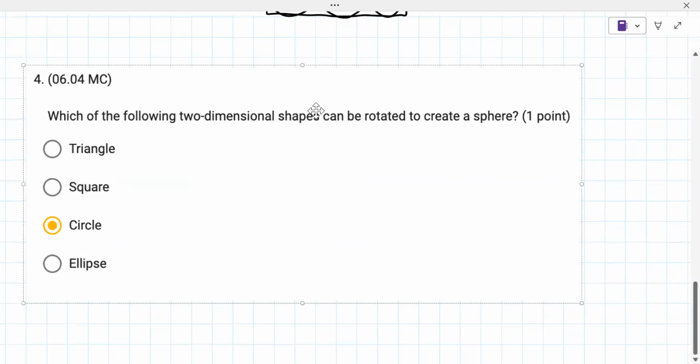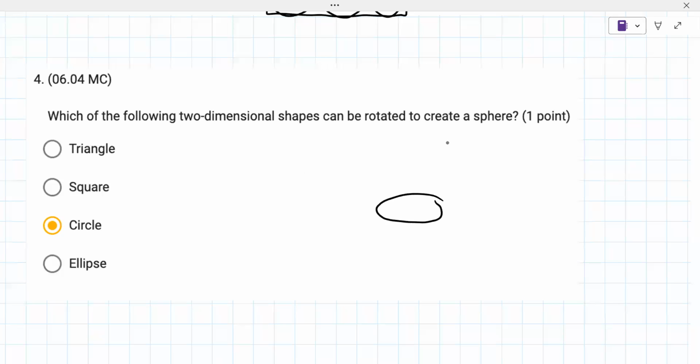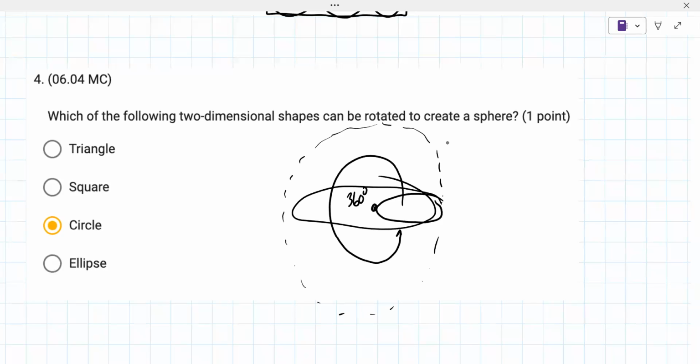Which of the following two-dimensional shapes can be rotated to create a sphere? So what they mean by that is if you take a circle and you kind of flip it 360 degrees, that thing becomes the sphere like that.